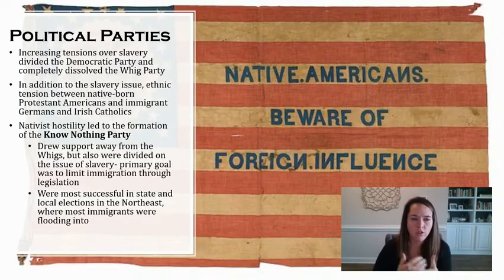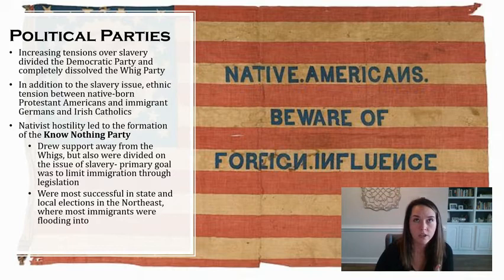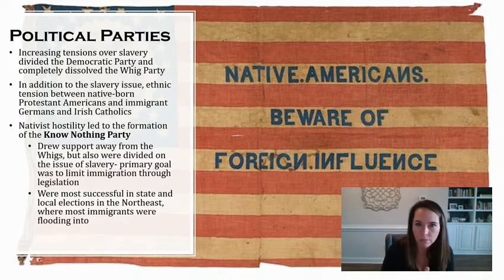So, as tension over slavery continued to divide the two main political parties of this period, you have the Democratic Party and the Whig Party. The Democrats are kind of divided North and South, over the issue of popular sovereignty versus pro-expansion.